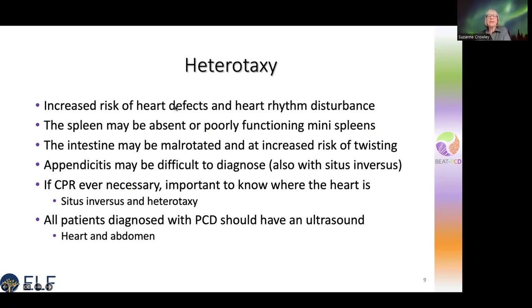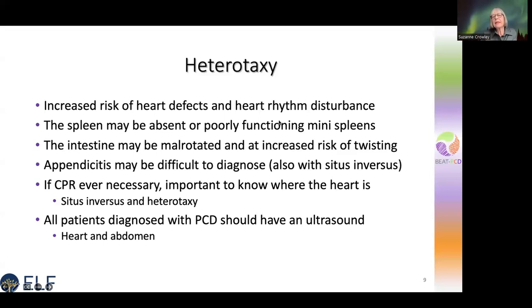Heterotaxy is associated with an increased risk of congenital heart disease. That means problems with the heart that you're born with. You may also have problems with the rhythm of the heart, the way it beats. The spleen may be absent, and that's an infection risk and needs to be treated with permanent antibiotics.